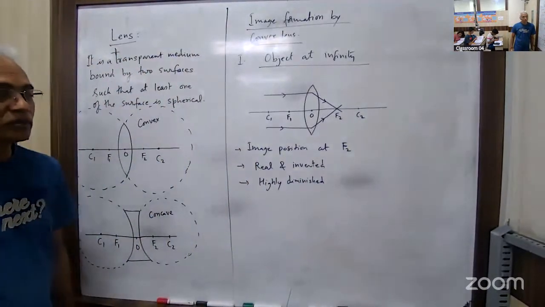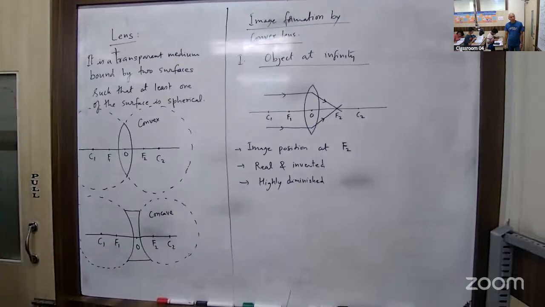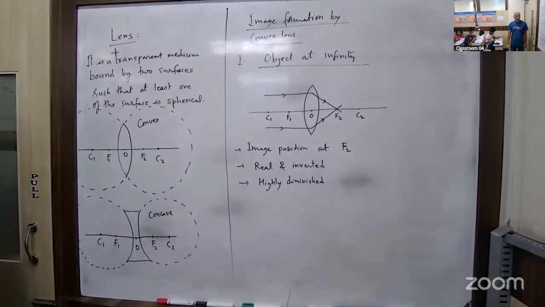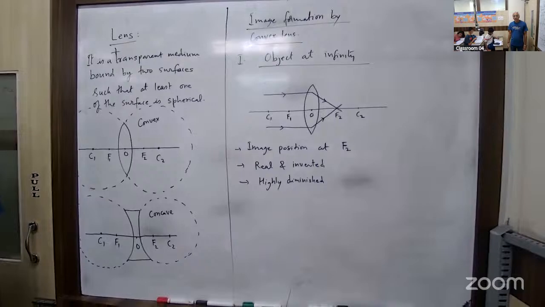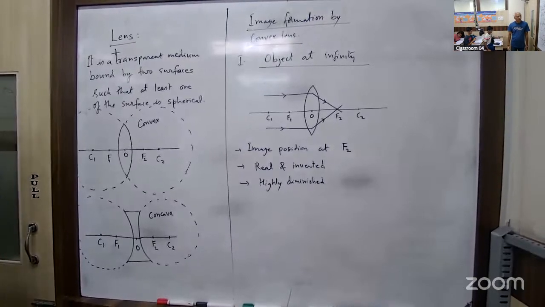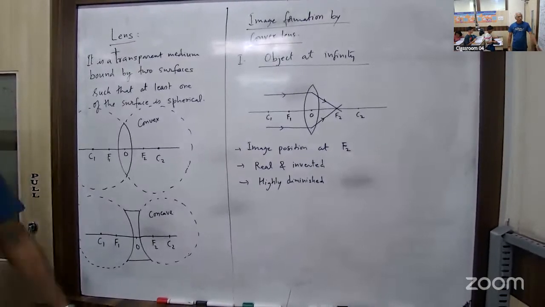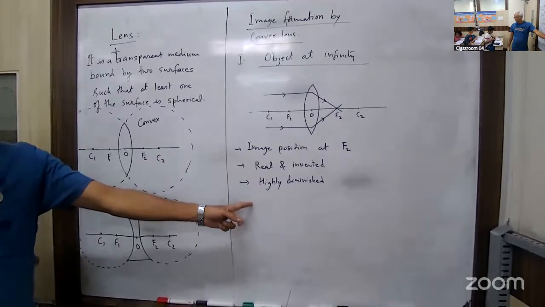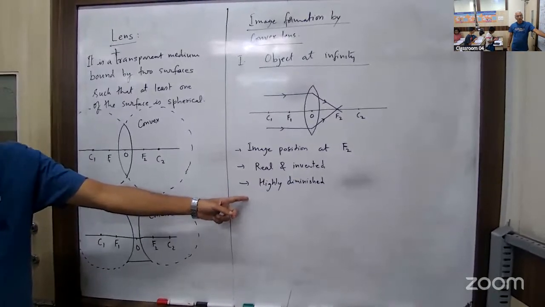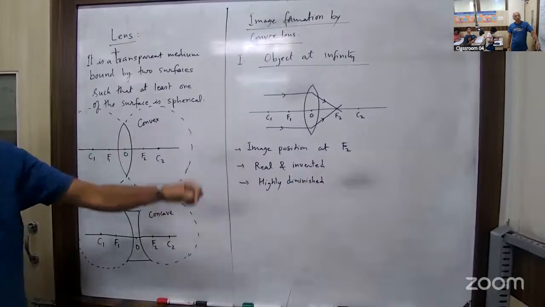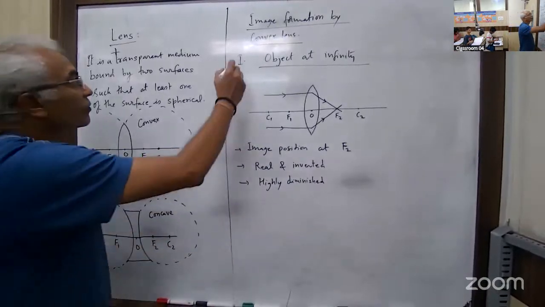So for every object position, you have to write down the image position, nature of image, and its size. Okay, so it matches the same description as that for the image formed by a concave mirror for object at infinity.